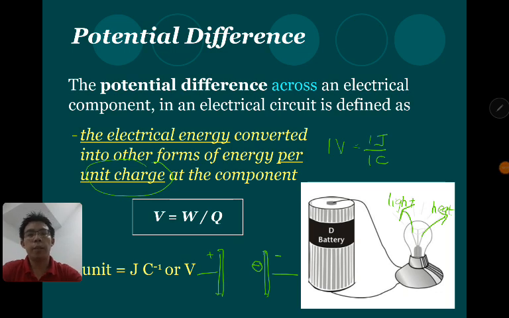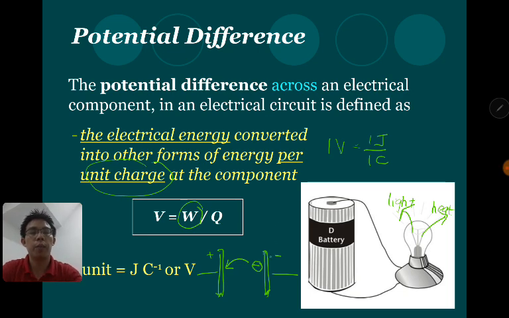So come back to this W in the equation here. It can also represent work done. Imagine we have two metal plates, one positively charged and the other negatively charged, and there's an electron that we want to move to the other side.